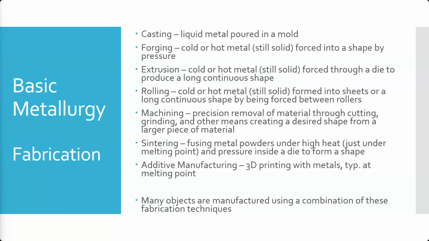That's the hollow shape that it's filled into. But if you're only going to run off 500 parts instead of 50,000 parts, additive manufacturing, 3D printing may make more sense. Right now, they're not as strong as forging, extrusion, and rolling, which are the three that make really strong parts. That's the limit there. So many objects, though, are manufactured by some combination of these.